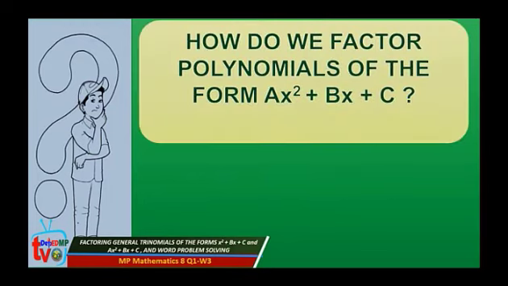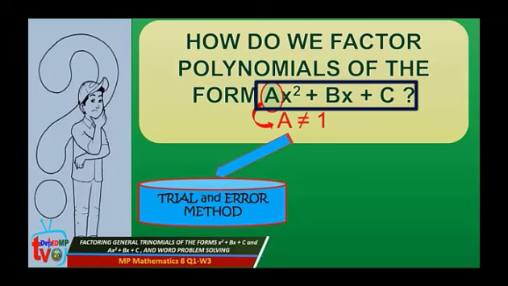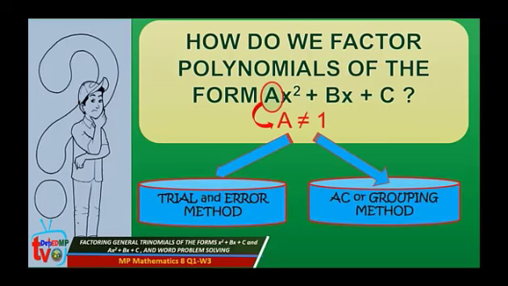What about the trinomial of the form ax squared plus bx plus c, where a is not equal to 1? How do we factor trinomials of this form? In your learning activity sheet, I have presented two methods there, the trial and error method and the AC or the grouping method.